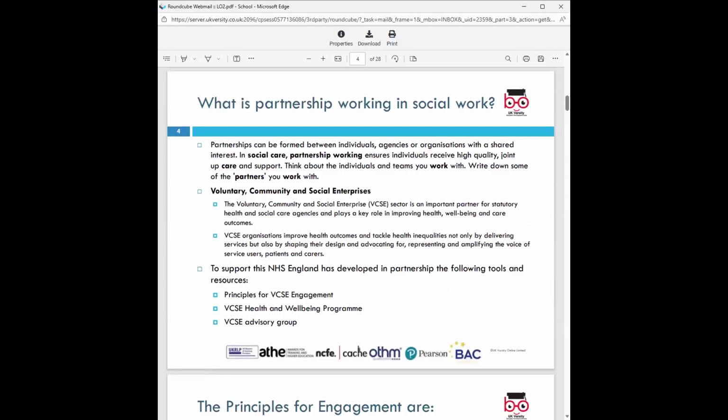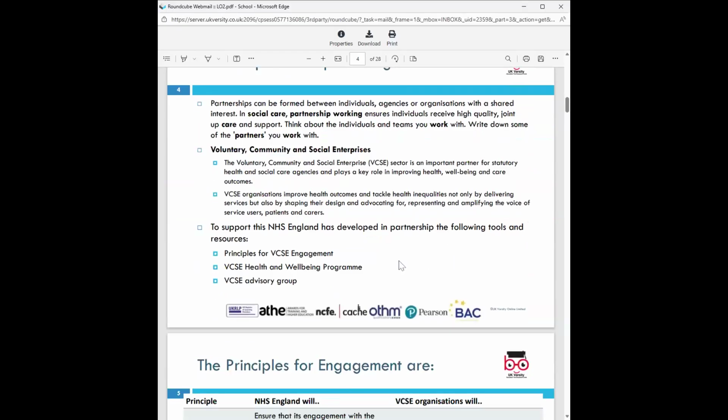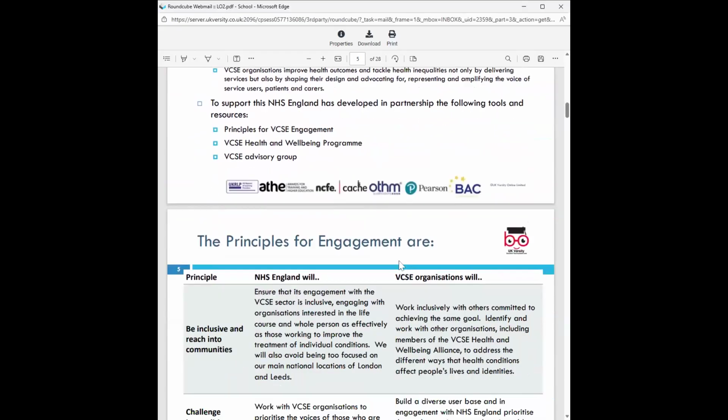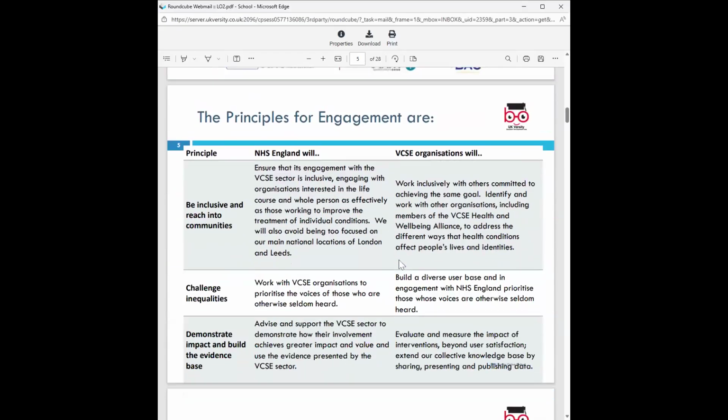So partnerships in social work. Partnership formed in social work, like we said, is to work together with different partners, so voluntary community enterprises, to make sure they support NHS England and use the principles of the voluntary, community and social enterprise, to make sure they use health and social care, health and well-being programs and advisory groups as well.